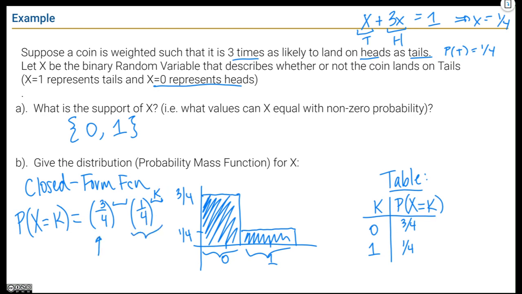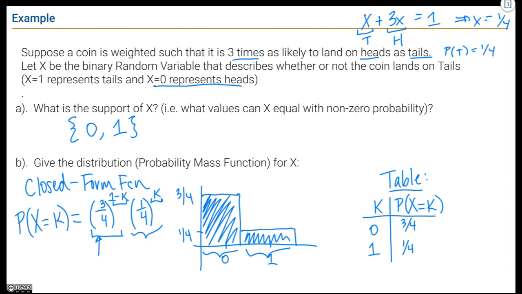And then I just need to make sure that I have this to some power so that when k is 0, I just get 3/4 out. And when k is 1, I just get a power of 0 because I just want this to go away when k is 1. And so notice that that's going to give me 1 minus k. If I do that, then when I plug in k is 0, I get 3/4, and when I plug in k is 1, I get 1/4.